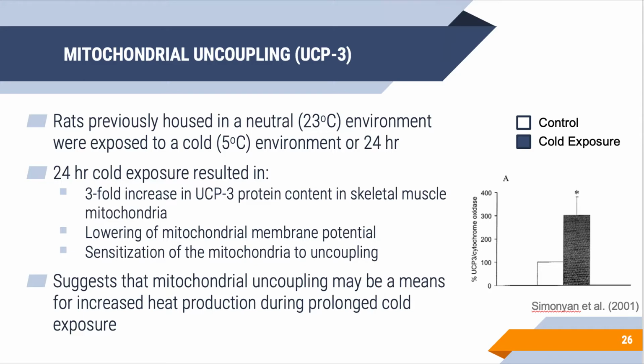Other interesting things that they found was that there was a lowering of the mitochondrial membrane potential and sensitization of the mitochondria to uncoupling, meaning that they were more likely to produce this uncoupling in response to the cold. Taken together, all that really means is that mitochondrial uncoupling may be a means for metabolic heat production during prolonged cold exposure, at least in rodents.